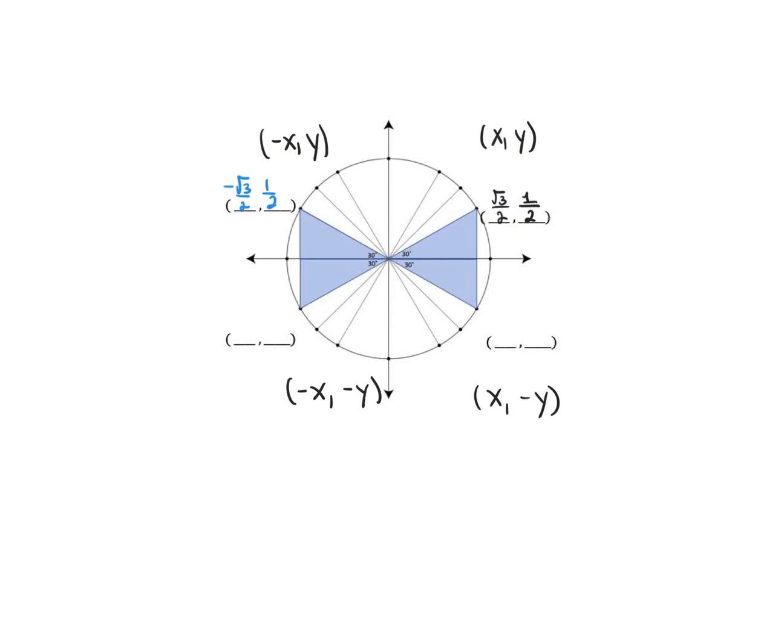Because now if we consider this angle here, this is going to be 210 degrees. So then the reference angle, that's 210 minus 180, that's going to be 30 degrees.